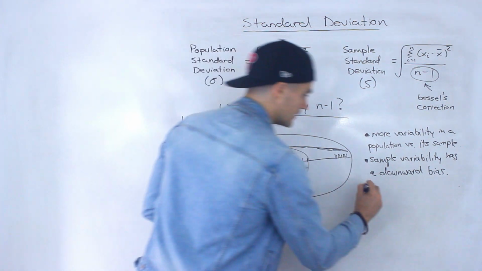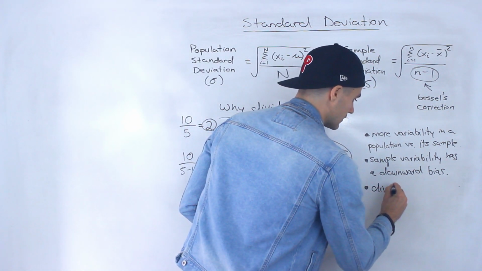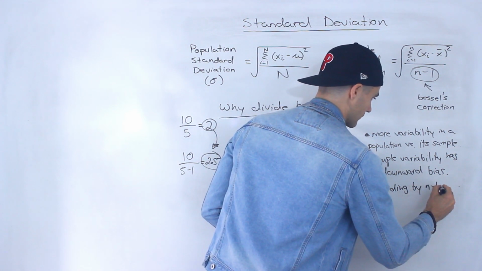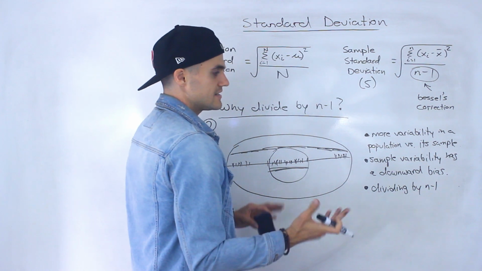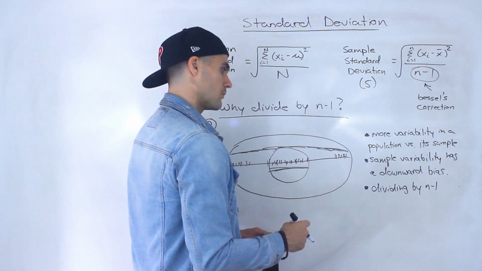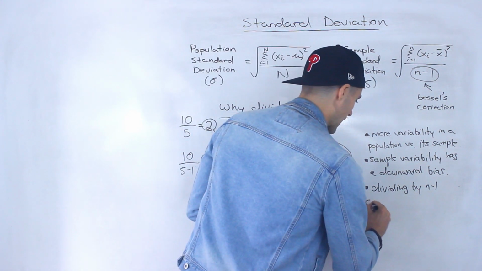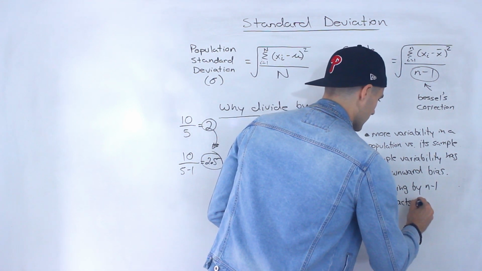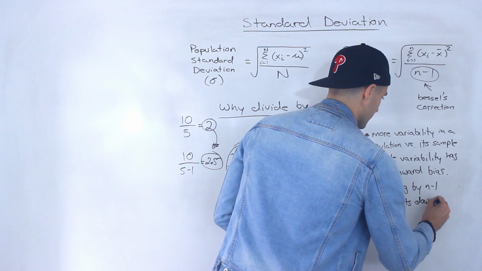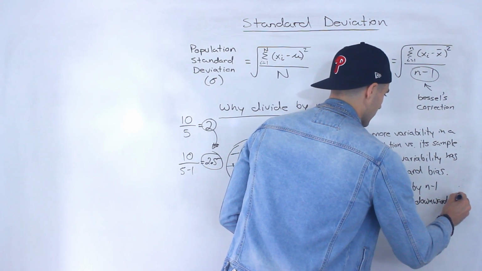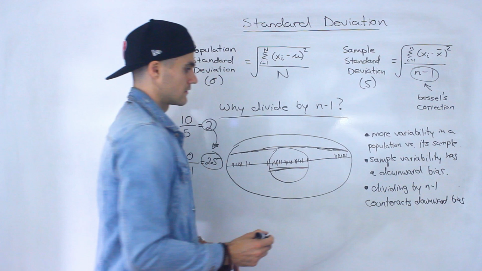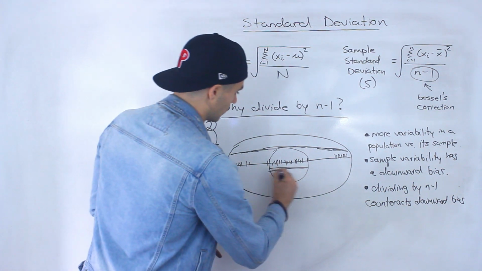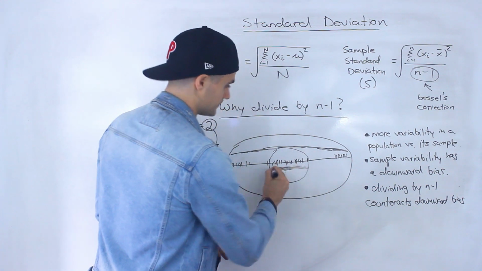So basically, dividing by n-1 deals with that bias, or maybe a better word is counteracts that downward bias. Basically, stats doesn't allow you to take a sample and say, oh, well, we're only dealing with this much variability.